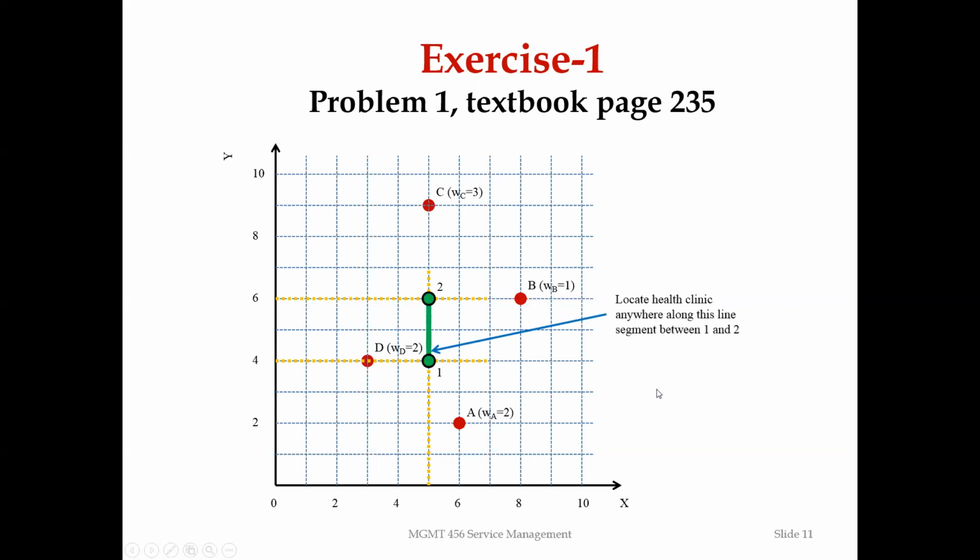The optimal location should be anywhere between location 1 and 2. Should it be anywhere on this line segment? So you can pick any location on this line segment. It is considered to be the optimal location. So locate the new facility along this line segment between 1 and 2. So you have a lot of options. Anywhere on this green line segment, it is considered to be an optimal location.